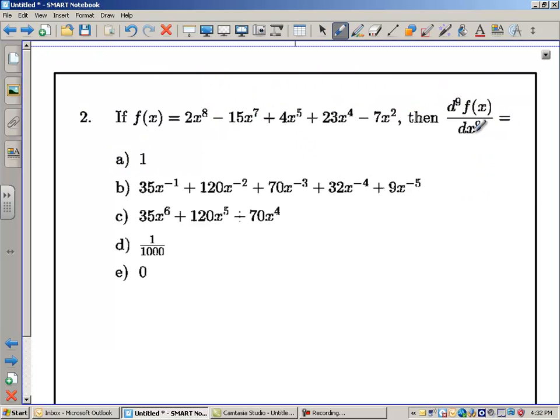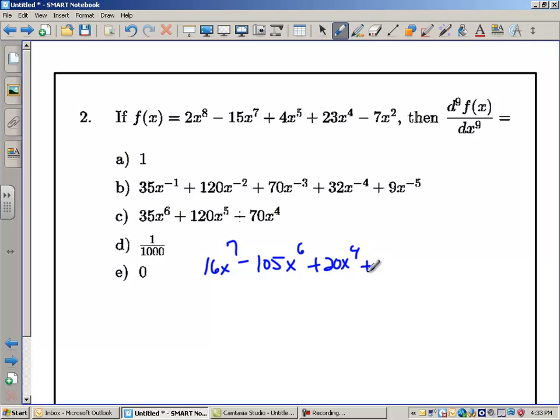Let's go look at another example. Let's find the 9th derivative of this big long thingy here. I'm going to do the first couple and then we're going to look for a pattern. The first derivative would be 16x to the 7th minus 105x to the 6th plus 20x to the 4th plus 92x cubed minus 14x.